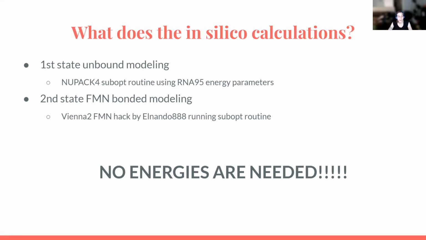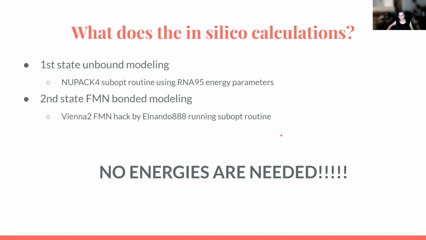The second state, FMN binding, is all using the FMN hack done by El Nando 888 way back when, and I'm using the sub-op routine for that as well. There are no energies needed in this. You can use energies, but that's only to add extra bonuses, kind of as a confirmation.